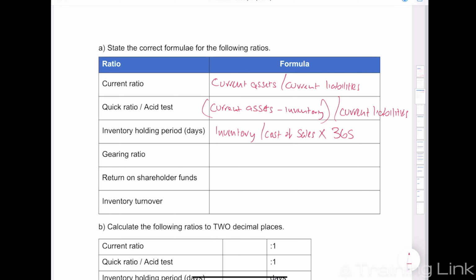Gearing ratio, I think we know this one now. This is debt over debt plus equity. But remember, you're using your non-current liabilities for your debt. Plus equity.